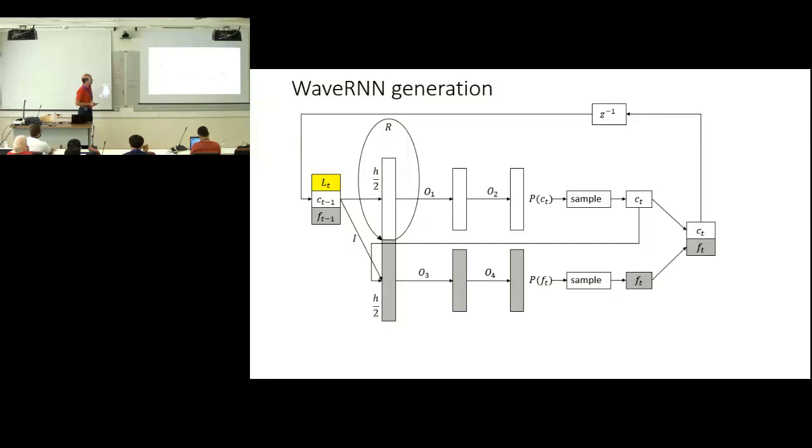We predict a probability for the coarse part. We sample a value for that, and then we use this sampled value in combination with the previous time step to predict the fine byte. So it is serialized, and unnecessarily slow because we have to do all that transition.